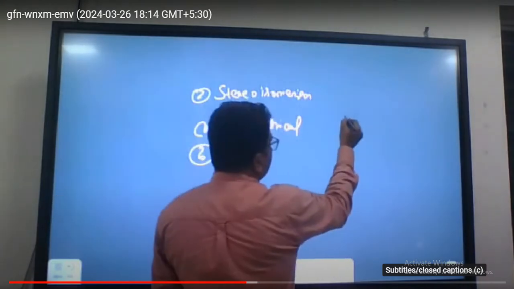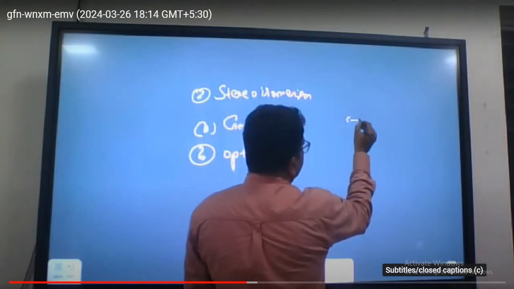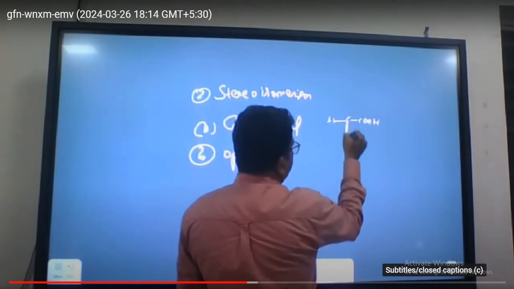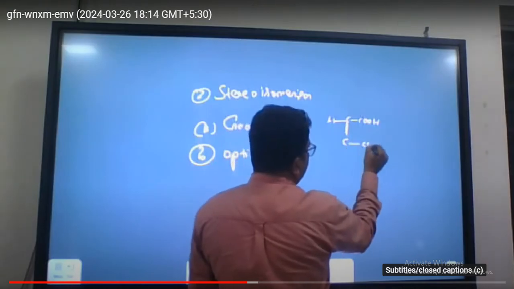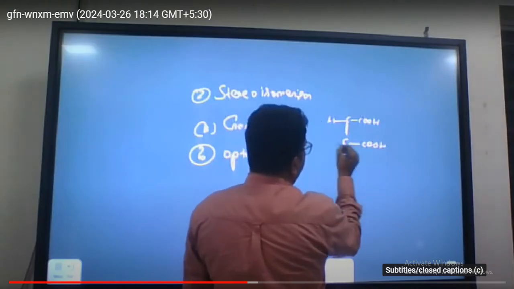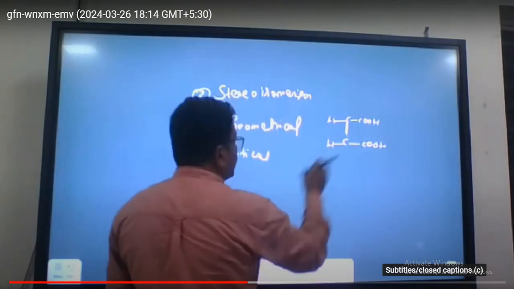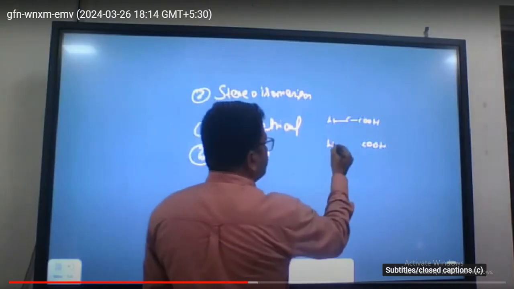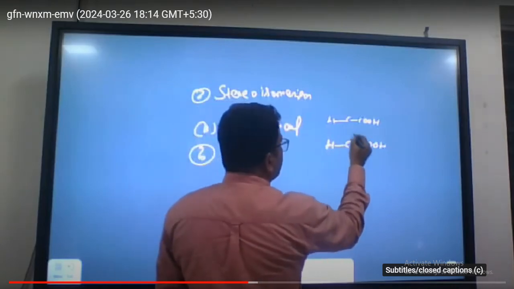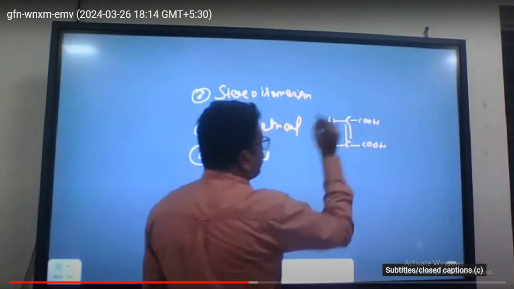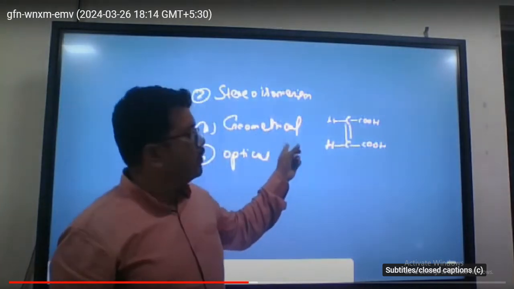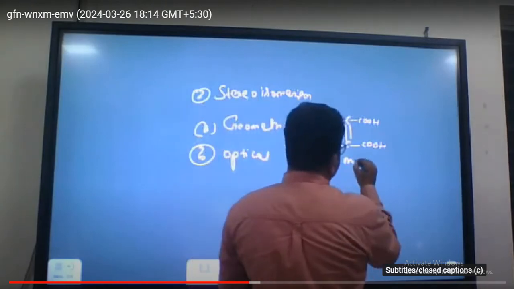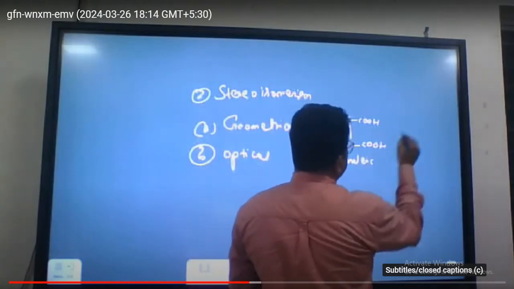Geometrical, for example, I will take maleic acid. This is COOH. For geometrical isomerism, there must be a double bond. One condition for geometrical isomerism is that a double bond is present. This is maleic acid.